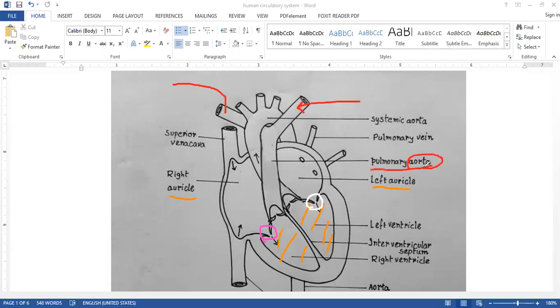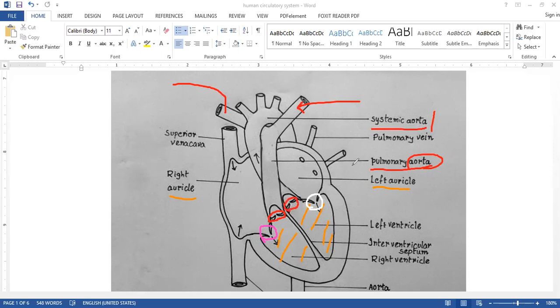And here is another valve present at the starting point of this artery. This is one semilunar valve, and another semilunar valve is here.